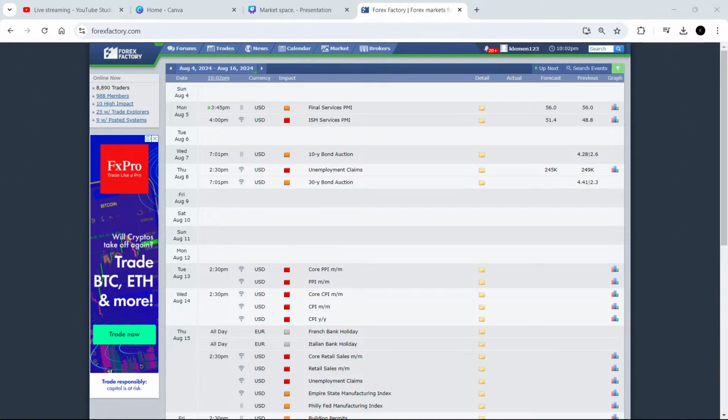Okay, so this is what I'm thinking of right now in my mind: what is the overall trend? I think it's pretty much a downtrend. I mean, it looks like it.